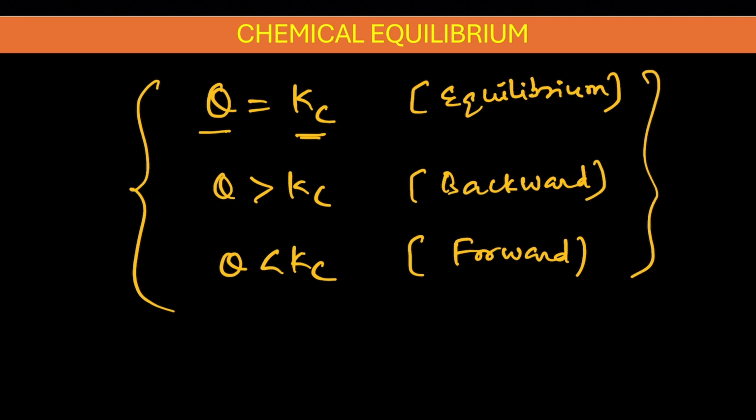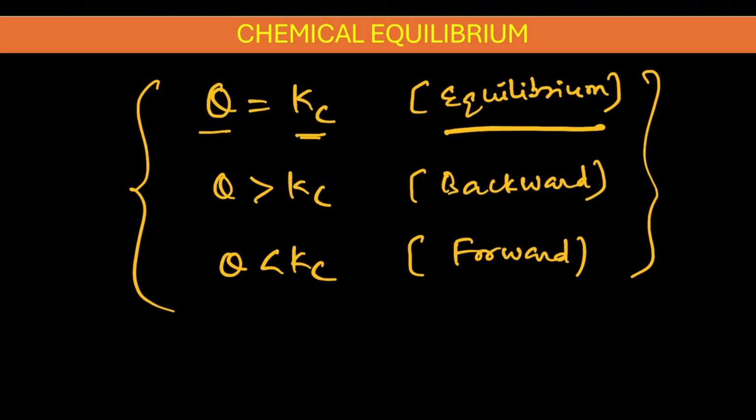I repeat, if Q and Kc are equal, the reaction is at equilibrium. If Q is greater than Kc, the reaction proceeds in the backward direction at that given instant of time. It implies at that given instant of time, the product concentration is more than the reactant concentration. Therefore, the reaction proceeds in the backward direction.